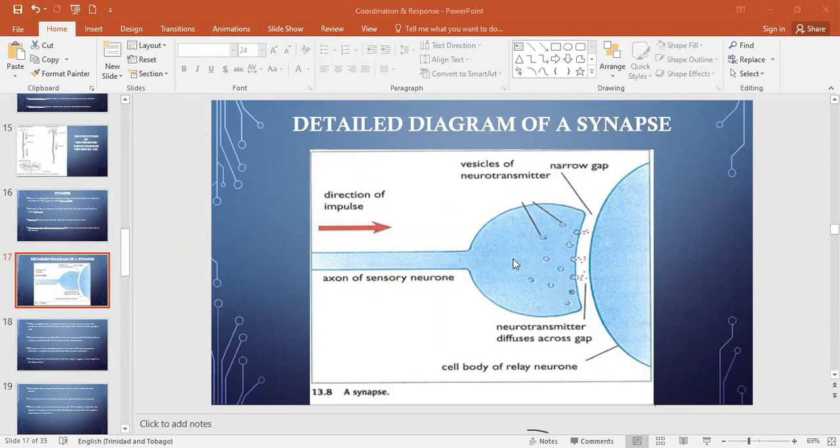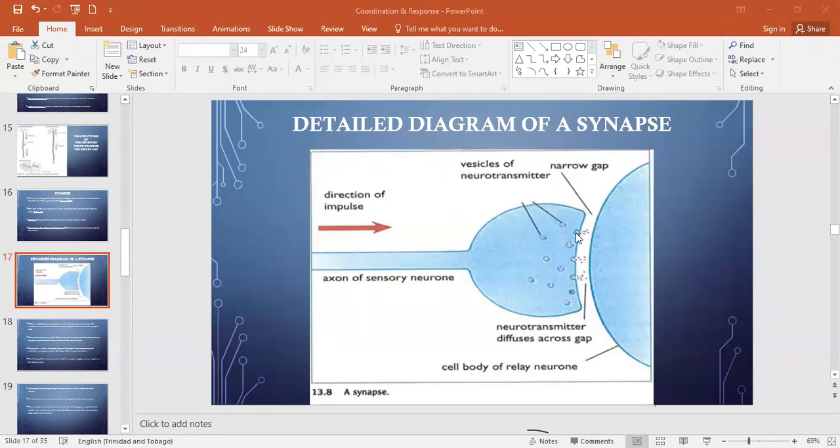So when the impulse reaches the end, this automatically triggers these vesicles to move to the end of this membrane. As you can see, the vesicles open a little bit, and you're seeing these little tiny dots where the neurotransmitter is released.